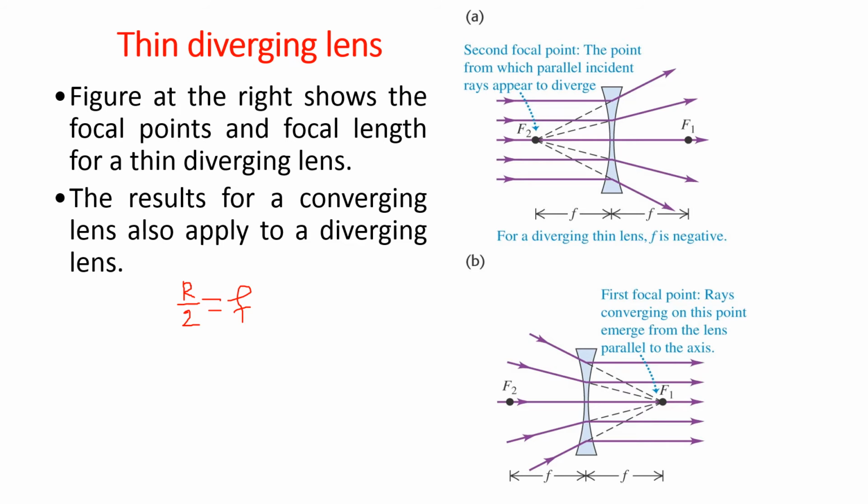And here the point which is located at a distance equaling the focal distance is called the focal point. And the lens has two focal points, focal point 1 and focal point 2.